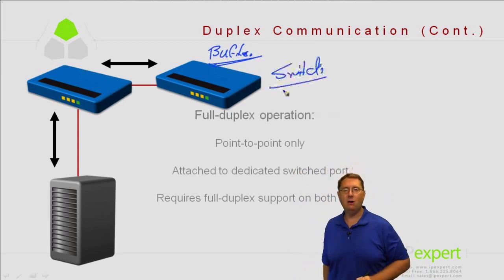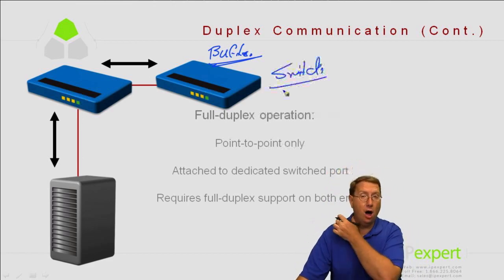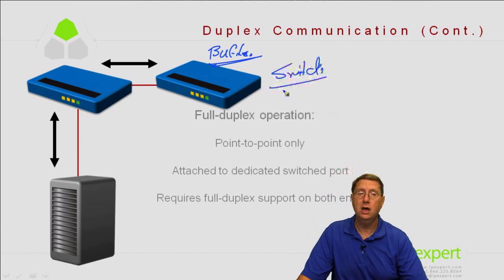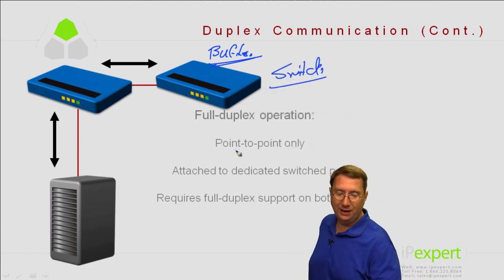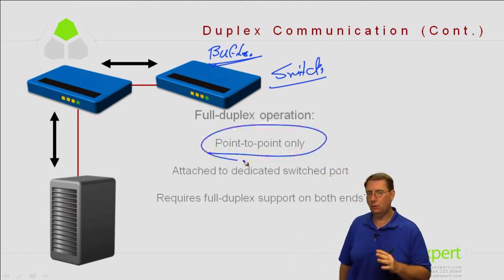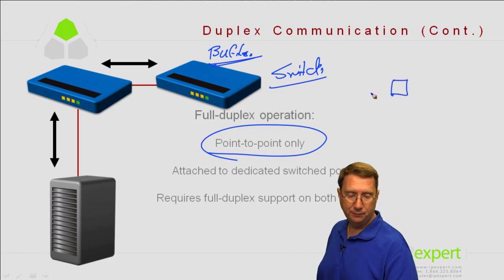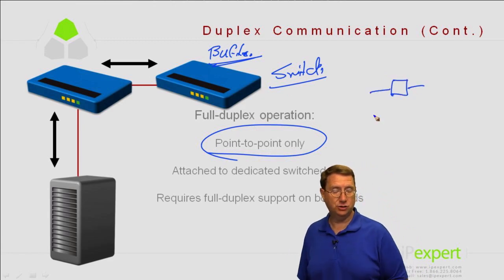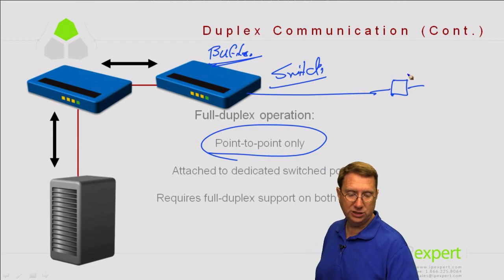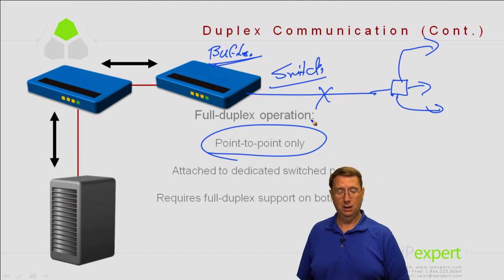The majority of our half-duplex configurations were back when we had a lot of hubs or concentrators in our infrastructure. Switches are completely different. The idea here is that we have to have point-to-point connectivity. What does that mean? Well, if I had a hub connected to this switch with 3 computers on it, I could not run full duplex on this link.